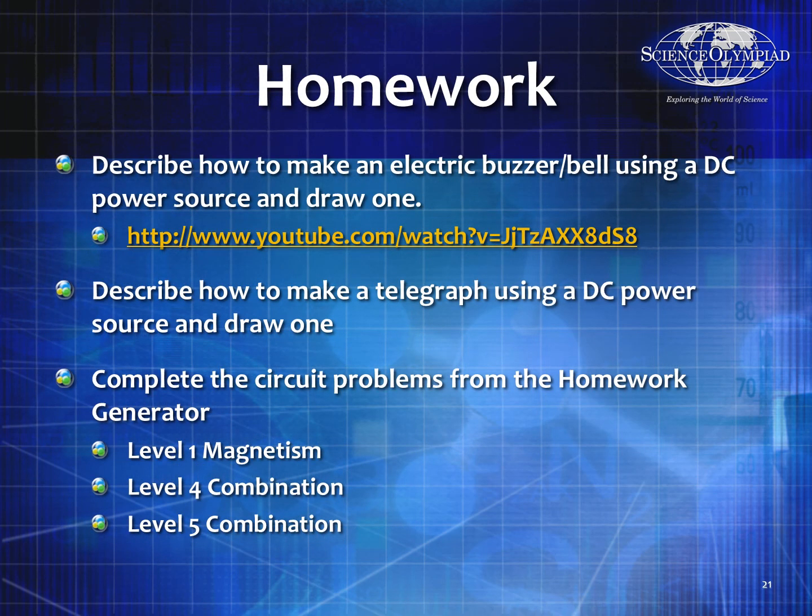So, the homework: describe how to make an electric buzzer or bell using a DC power source and draw one. Basically, it's going to be a bell that, when the circuit is completed, forms an electromagnet which strikes the bell.